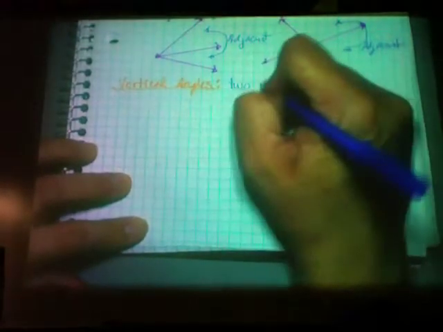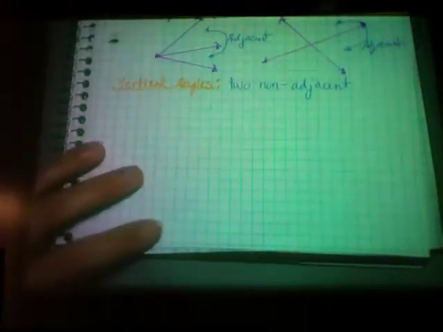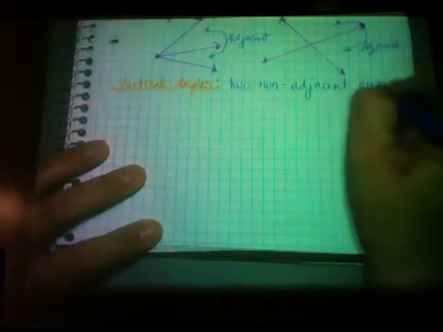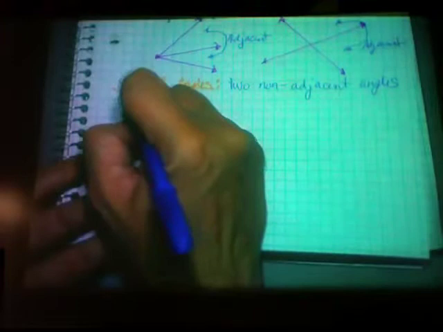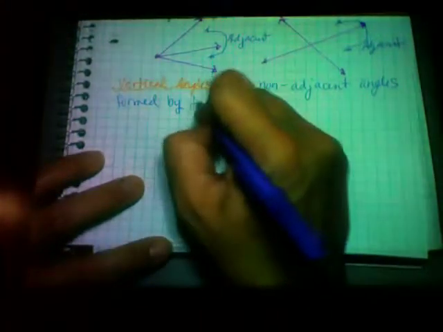Okay, so here's your true definition. Two non-adjacent angles. What does that mean? Yeah, they're not right next to each other. So two non-adjacent angles formed by two intersecting lines.